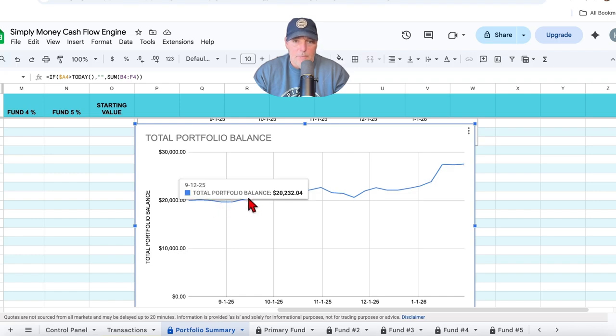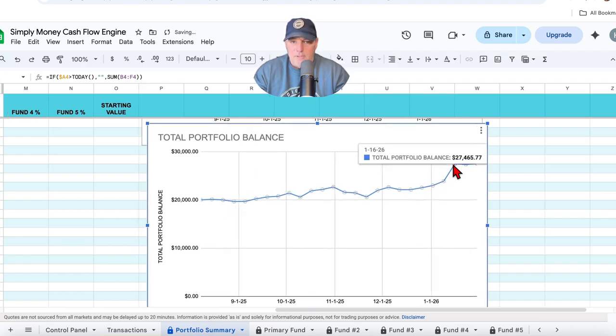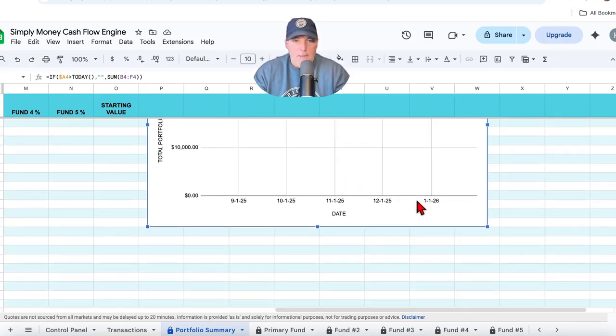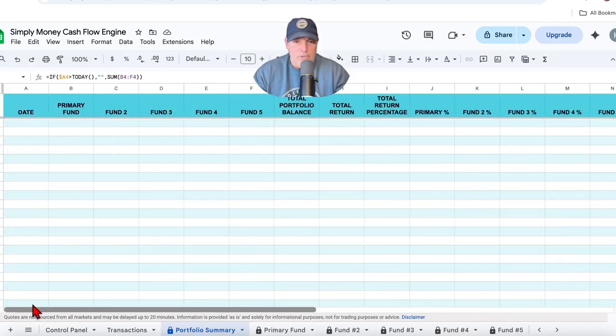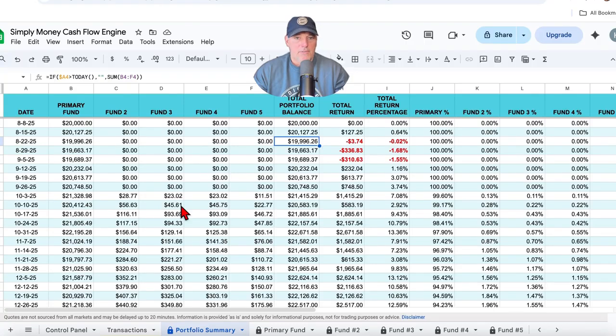It's going up in balance, and you can see the increase right here where we bought some of the SCHG. It kind of shot it up a little quicker. And so you have some visual charts you can look at as well. That is the portfolio Simply Money cash flow engine spreadsheet, and looking at some of these funds and how you can play with it.